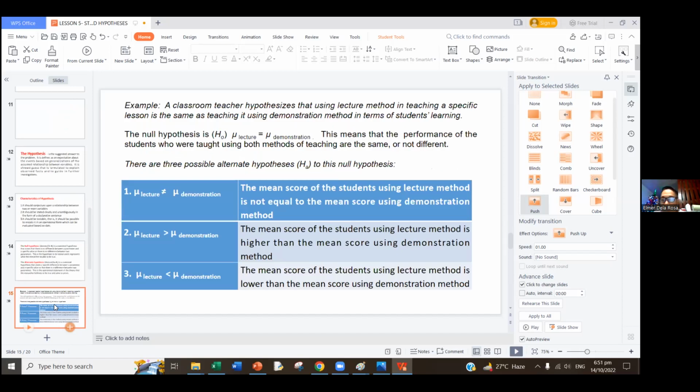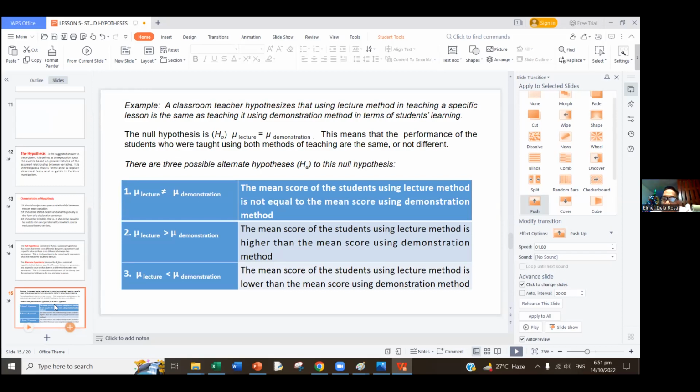Let's have an example. Suppose a classroom teacher hypothesizes that using lecture method in teaching a specific lesson is the same as teaching it using demonstration method in terms of students' learning. Sabi niya, wala namang pagkakaiba yan. Mapa-lecture o mapa-demo, parehas lang ng amount of learning.